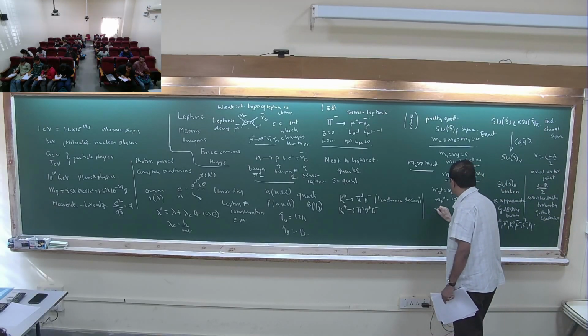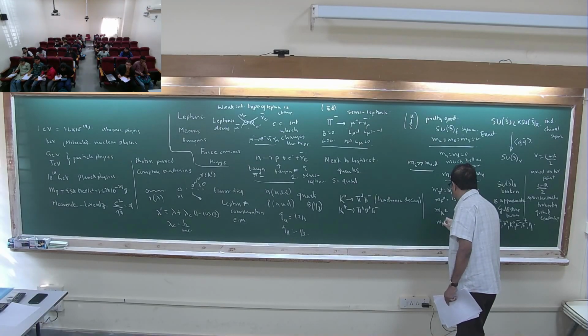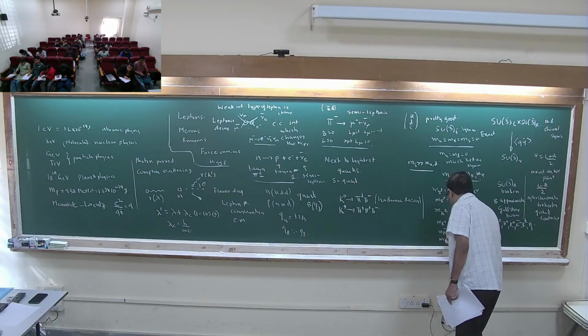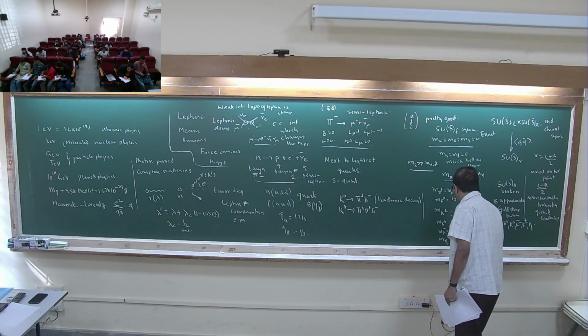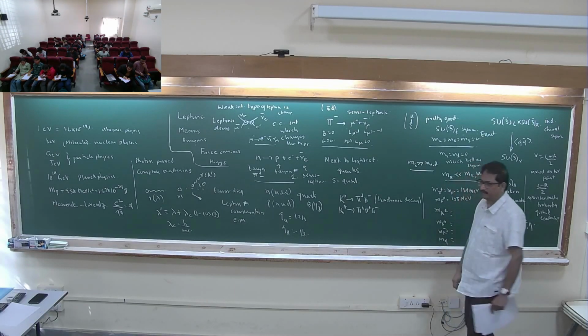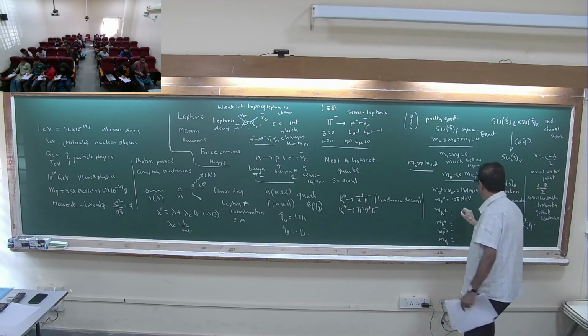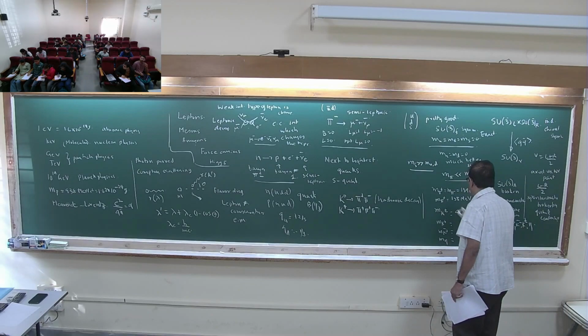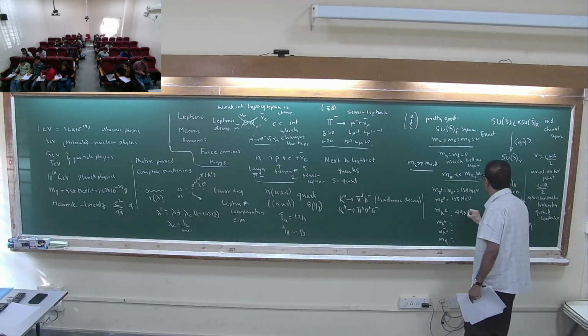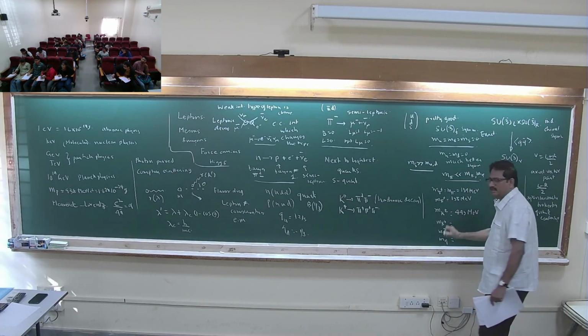Then the mass of the K plus minus, the mass of the K naught bar, the mass of the eta. Let's figure this out, folks. Please, somebody look it up and tell me. K plus minus is 493. Okay, let's just keep it, we don't go into the decimal.